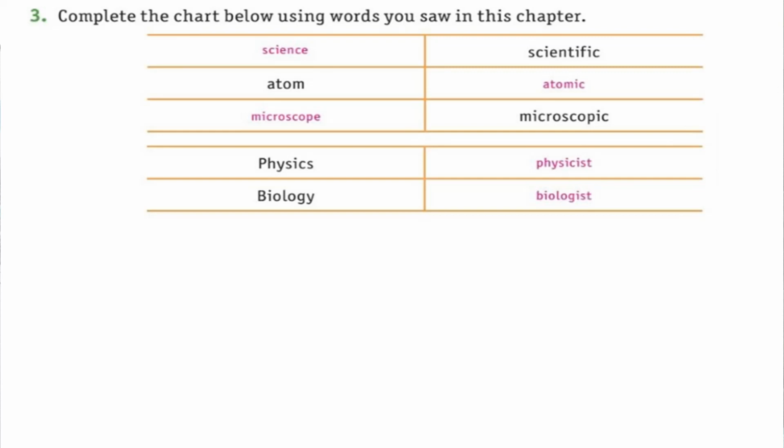Biology, we once again have a profession because it's not an instrument, it's a science. And the professional is the biologist, okay? So, physics, physicist. Biology, biologist. Okay, so here for these two last words, which are sciences, we're going to have professions.